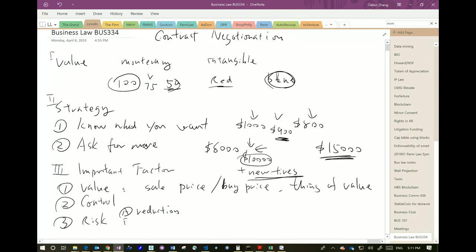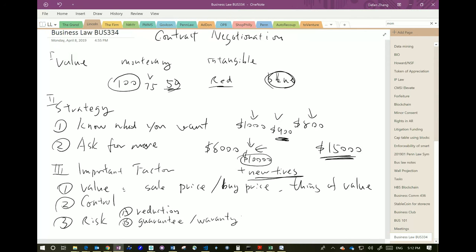But if you have no choice or no comparison, the second thing you do, which is not as good as reduction of risk, is you can ask for a guarantee. That's why a lot of used cars will give you a warranty, because a warranty reduces the risk. Well, it doesn't really reduce the risk, but it reduces the risk to you.